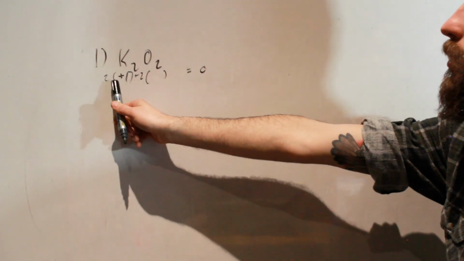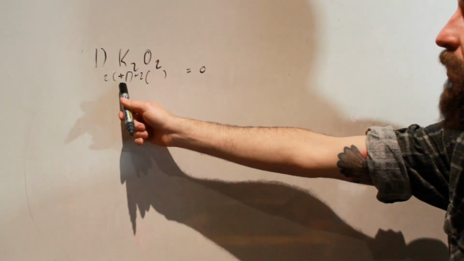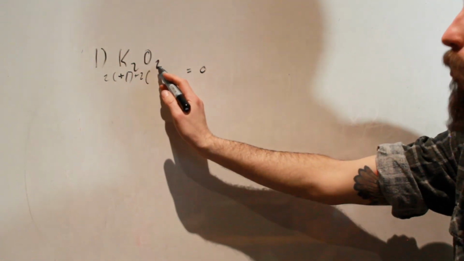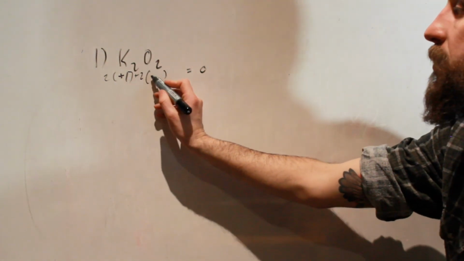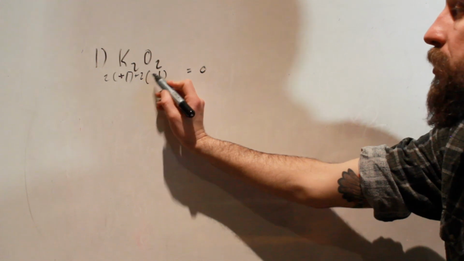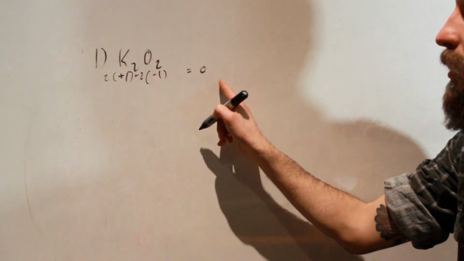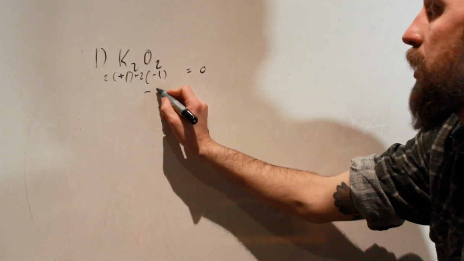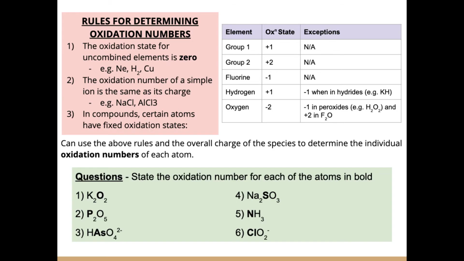So 2 times 1 is +2. So this O2 has to equal -2. So if I got 2 of them, it means this has to be -1 because +2 minus 2 equals 0. So my oxygen is going to be -1 in this situation. Don't worry if that didn't make too much sense. Hopefully as we keep doing these next 5 examples, it will begin to become a bit more clear.